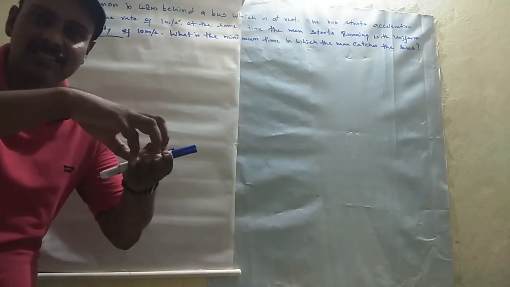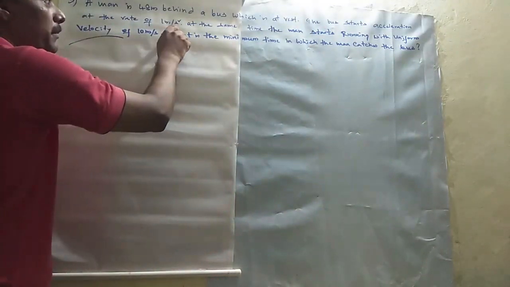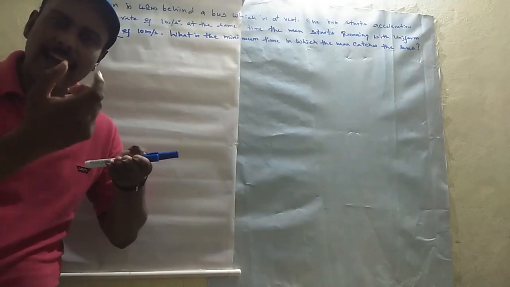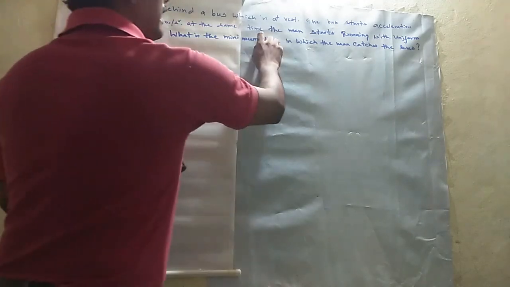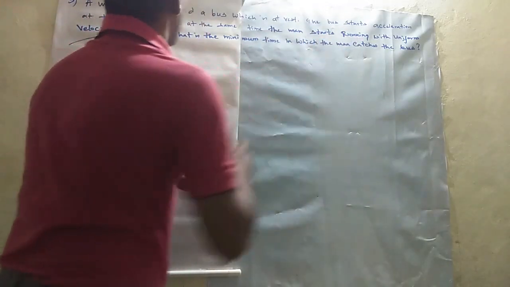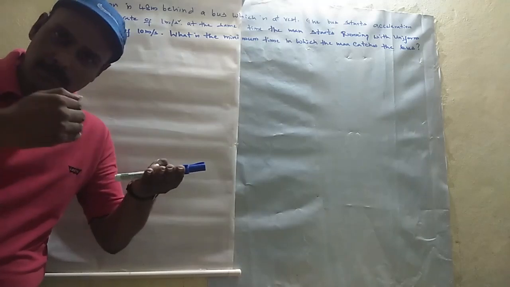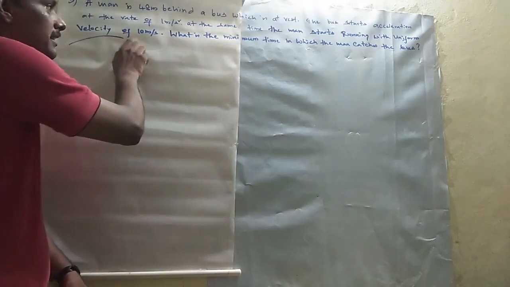Then the bus starts accelerating at the rate of 1 meter per second square. At the same time, the man also starts running with a uniform velocity of 10 meters per second.